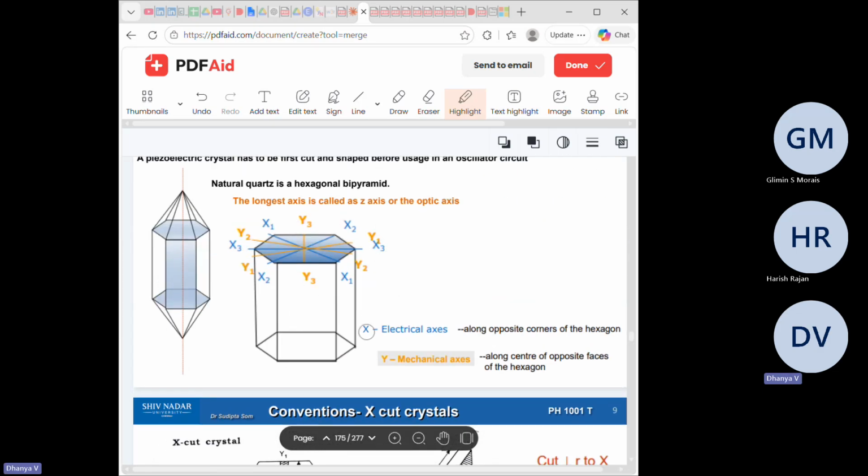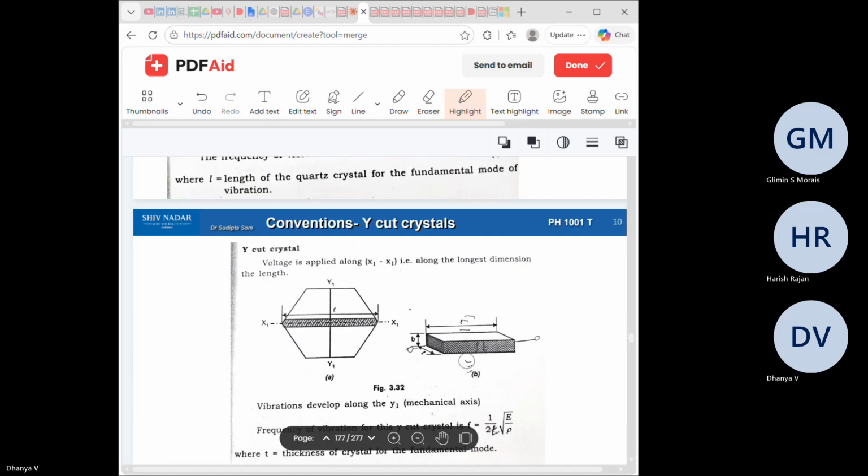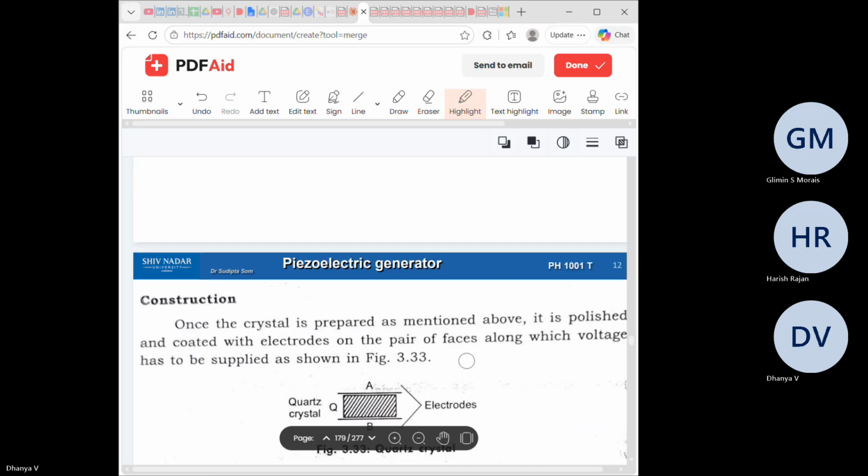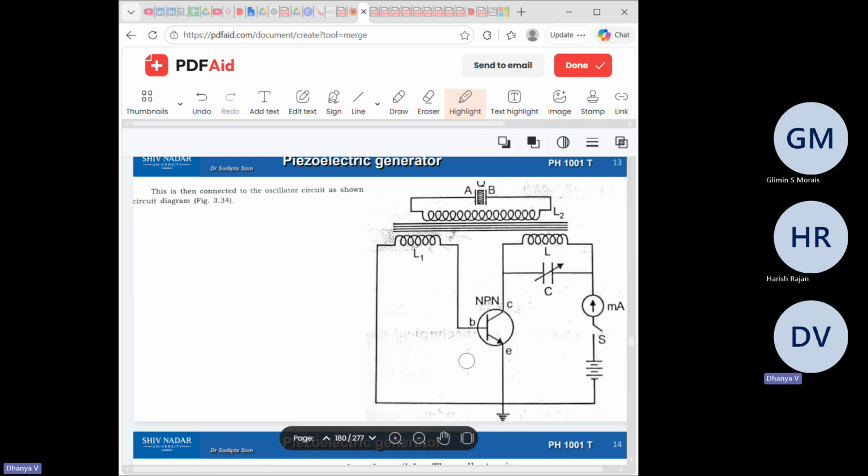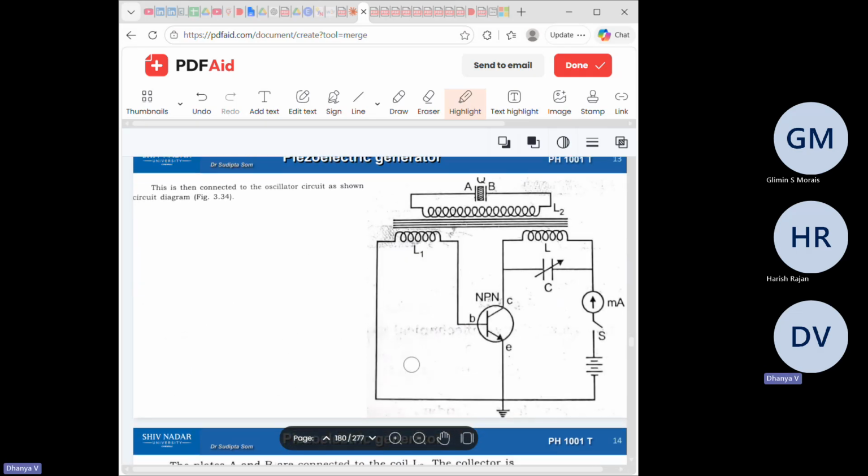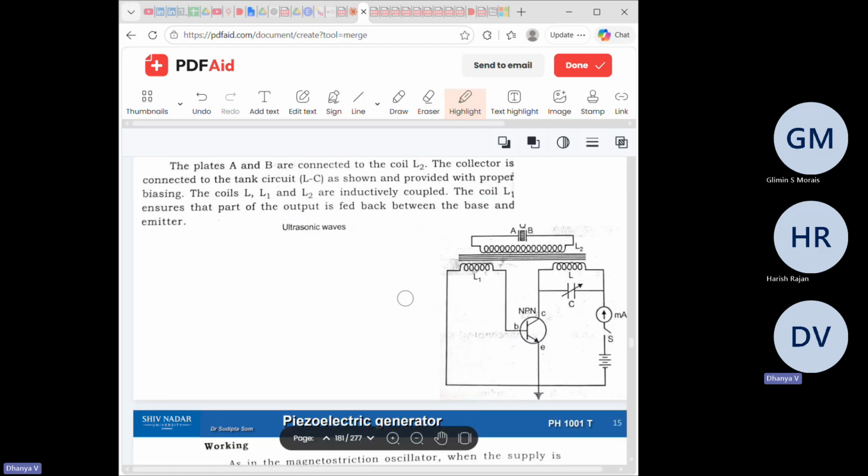Just draw this example: if it is cut diagonally, joining diagonally, then it is your electrical axis. If it is cut like this with your sides, then it's your Y, your mechanical axis. That's all. So this construction and all is not required, but this diagram is something you might have to learn.